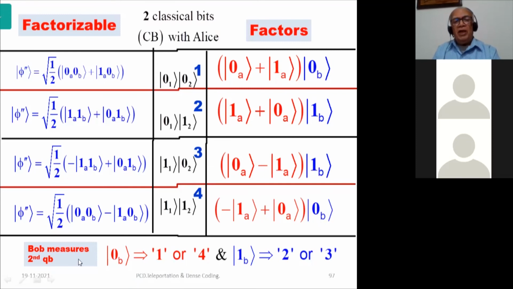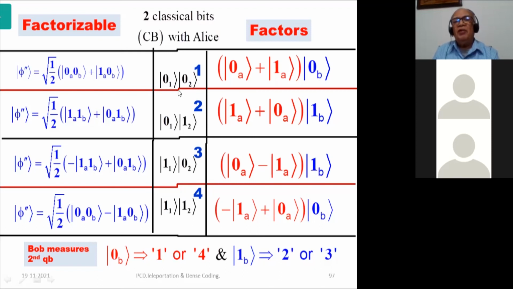So if Bob measures his second qubit to be 0, then the pair of classical bits with Alice is either 0, 0 or 1, 1. He can rule out possibility 2 and possibility 3, but he still doesn't know whether it is 0, 0 or 1, 1. He knows that it is not 2 and 3. It's not 0, 1 or 1, 0.